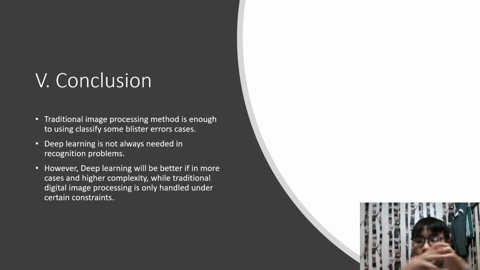After we did this project, I have some conclusions: the traditional image processing methods are enough to classify some picture error cases, but deep learning is not always needed in recognition problems.